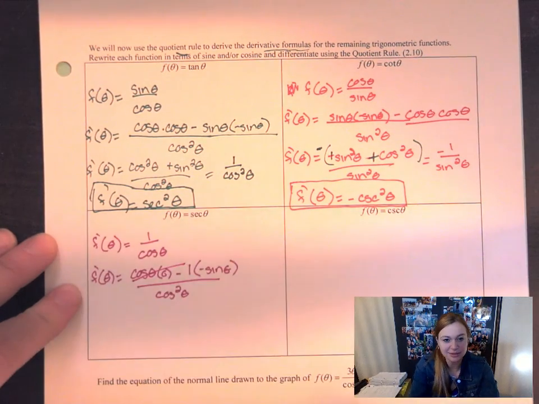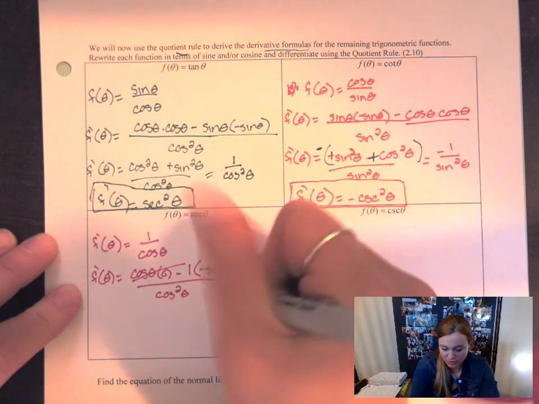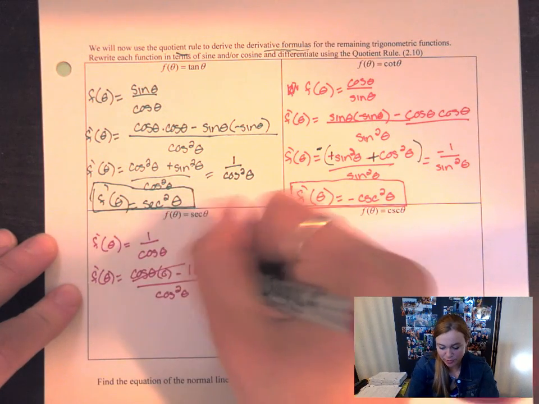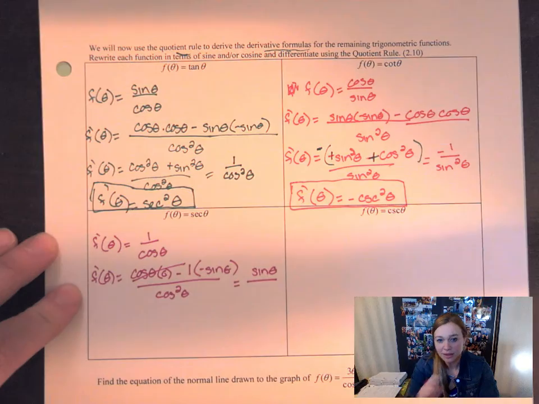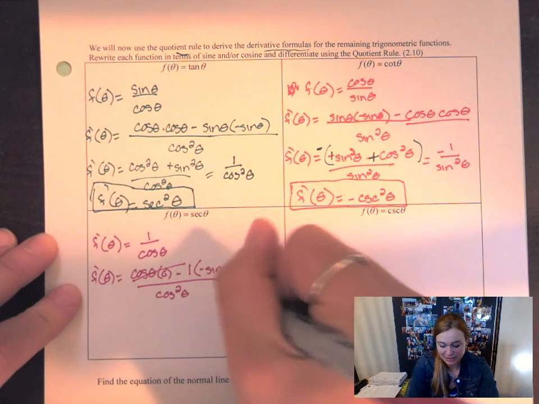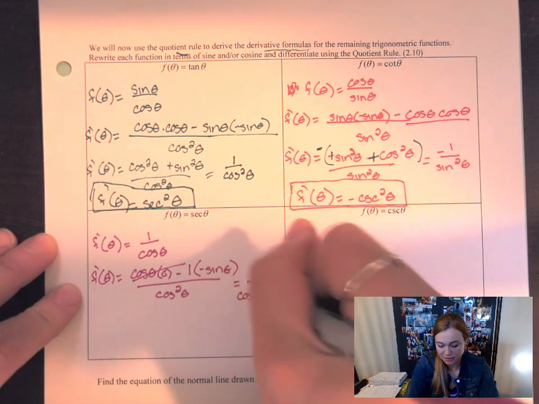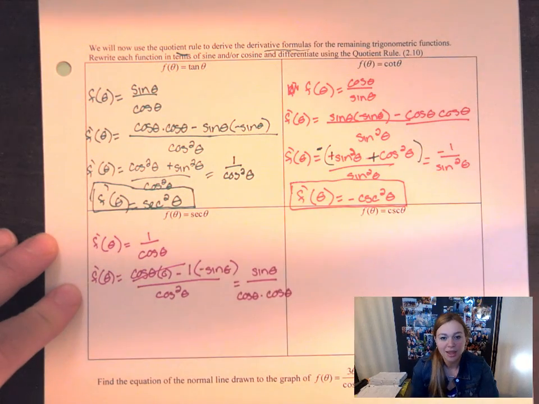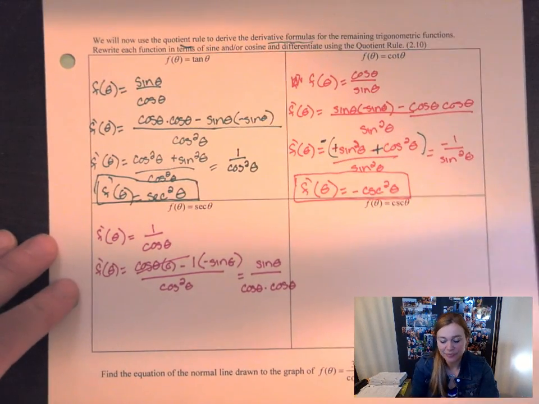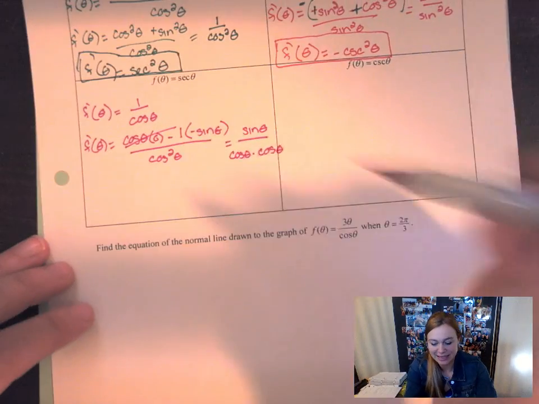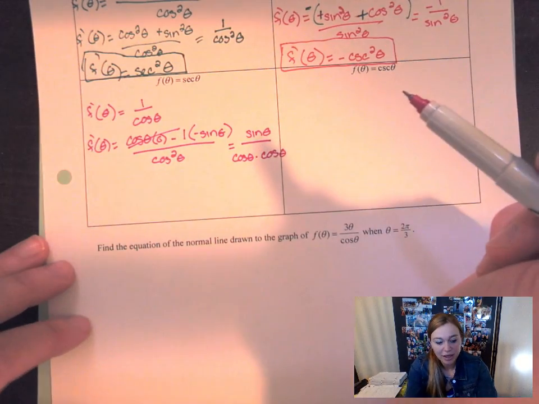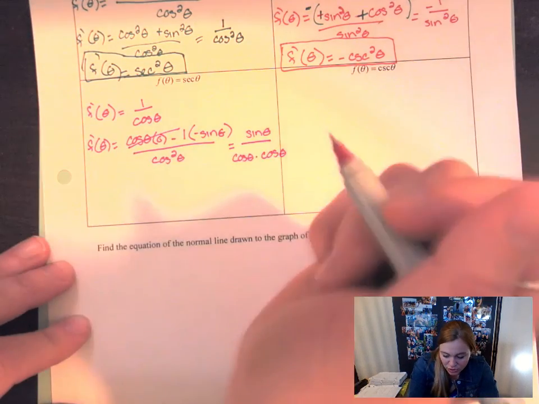So this will go away because anything times 0 is going to be 0. This would become positive, so I have sine of theta over cosine squared. So I'm just going to tell you cosine squared is the same thing as cosine of theta times cosine of theta. And the reason why I want to say that is because when I ask you what's the derivative of secant, this is a correct derivative, but more often it looks like this.